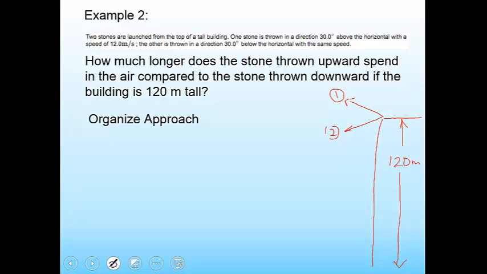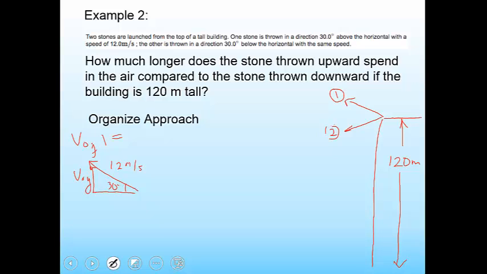And something we can organize our approach on now, again, is looking at that V naught Y for stone 1. We'll just draw a little picture here. So again, this is 12 meters per second in the upward direction. And so that means for V naught Y we're going to have to use our trig rules here.